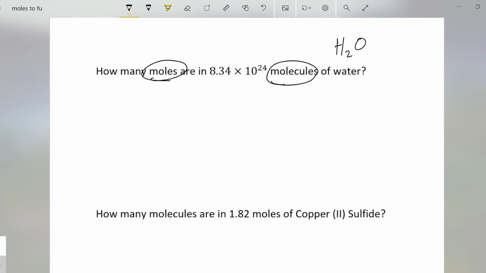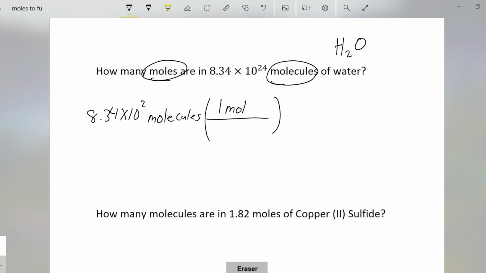So I take my 8.34 times 10 to the 24th molecules, and I will then use my boat thing. So here's my boat. On top, I will put where I want to go, that is to Mole Island. I put all my Mole Island gear on top, all my Mole Island clothes and my Mole Island activities.